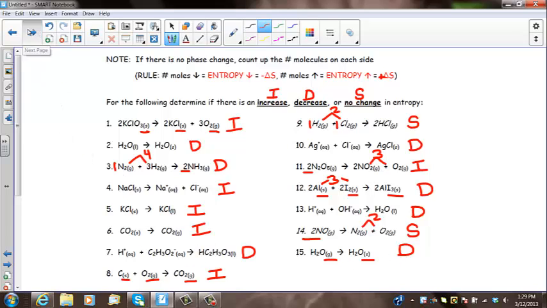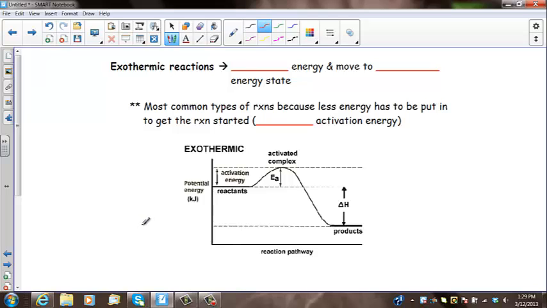Okay, the last thing that we need to look at is the word enthalpy. Enthalpy is delta H. The energy in a system is what we're talking about, and nature tends to proceed to a state of lower energy.